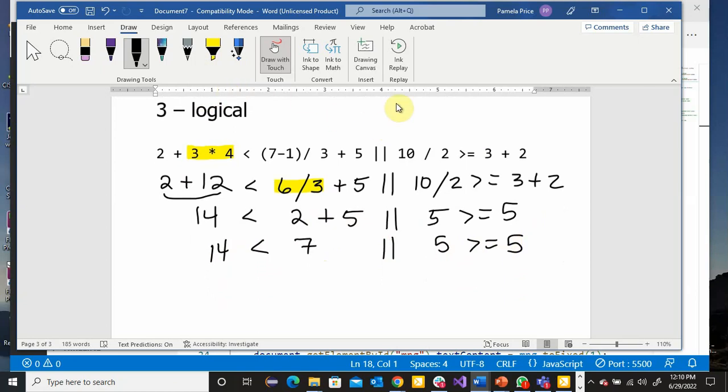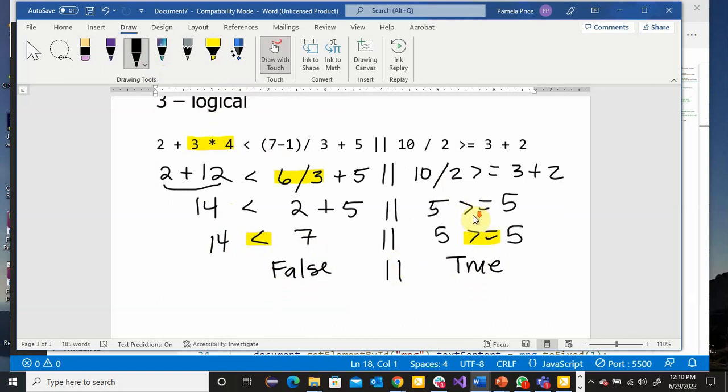The next thing that we do are the relational operators. So here, we do 14 less than 7. 14 less than 7 is false. Here, 5 greater than or equal to 5 is true. So we have false or true.